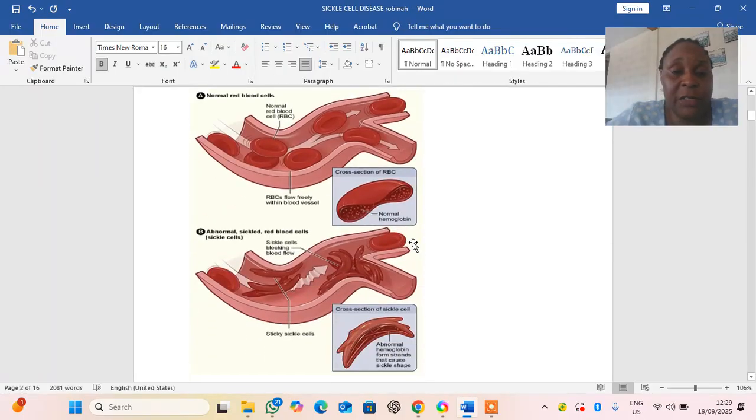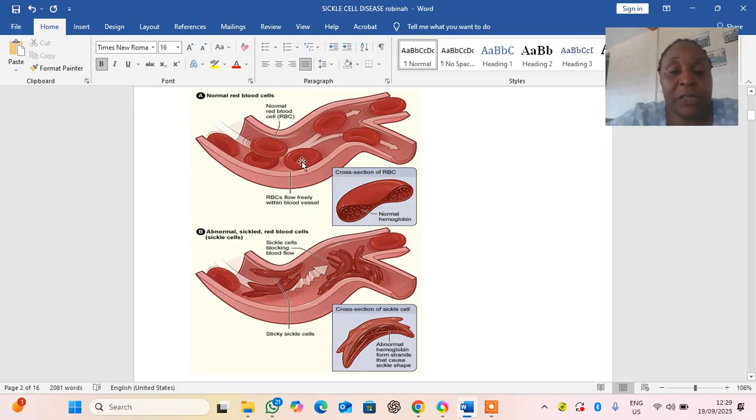If you look at this picture, the first picture above shows a normal red blood cell. We've said that this normal red blood cell is flexible. So if this is a main blood vessel with branches, the normal red blood cell will be very flexible, and it will enter smaller blood vessels, and blood will continue to flow through all the blood vessels.